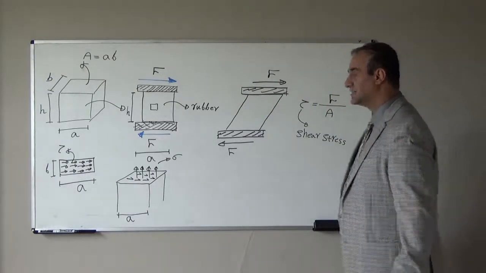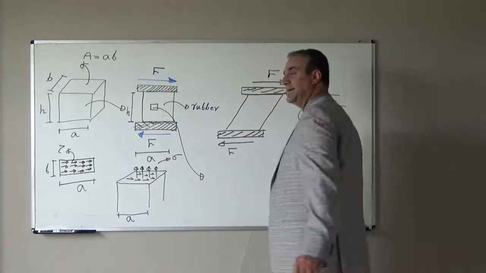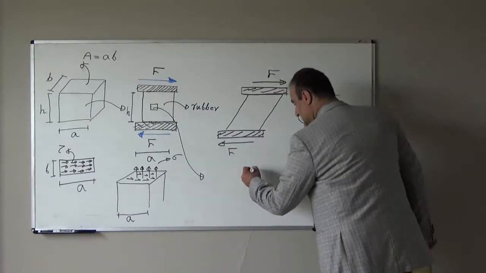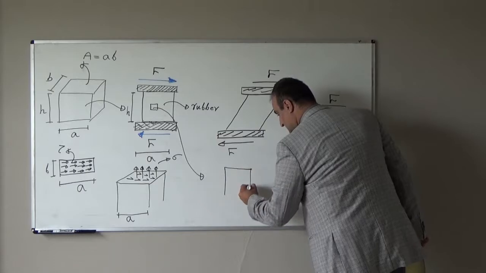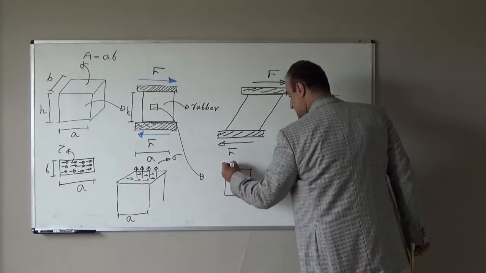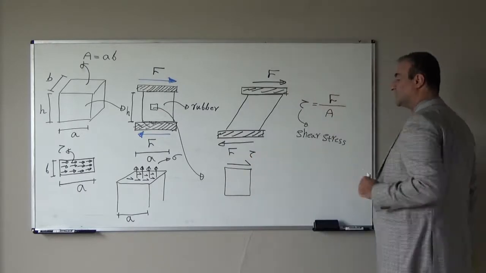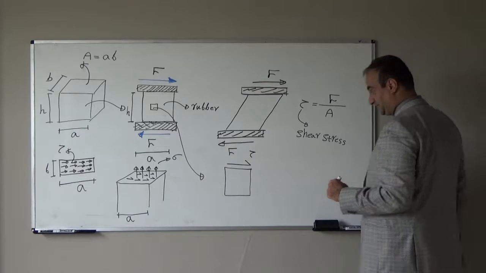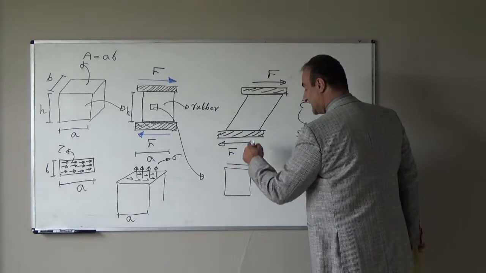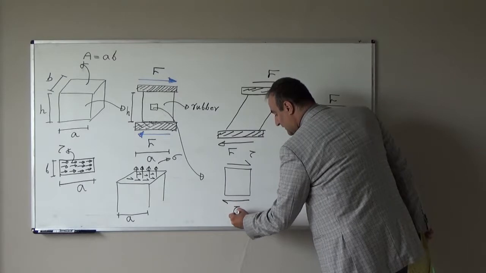If I look at this small element, I draw that element bigger. This is a small differential element. Here I have shear stress tau, which is force divided by area. In order to have this element in equilibrium, I will have another tau here.